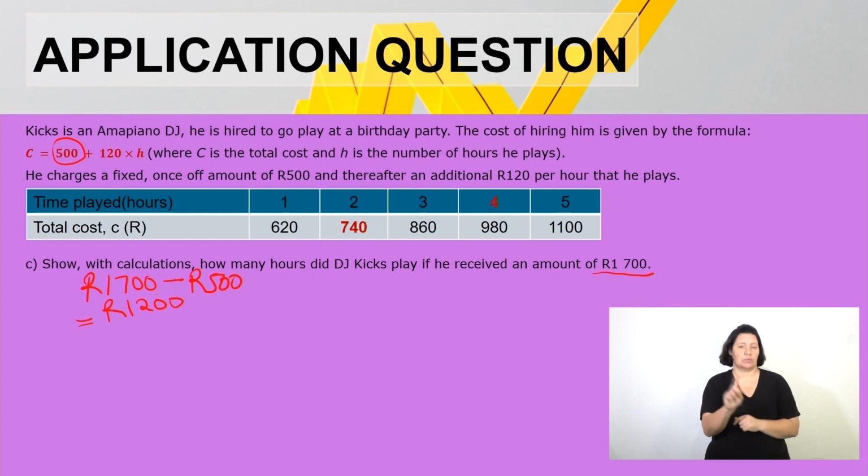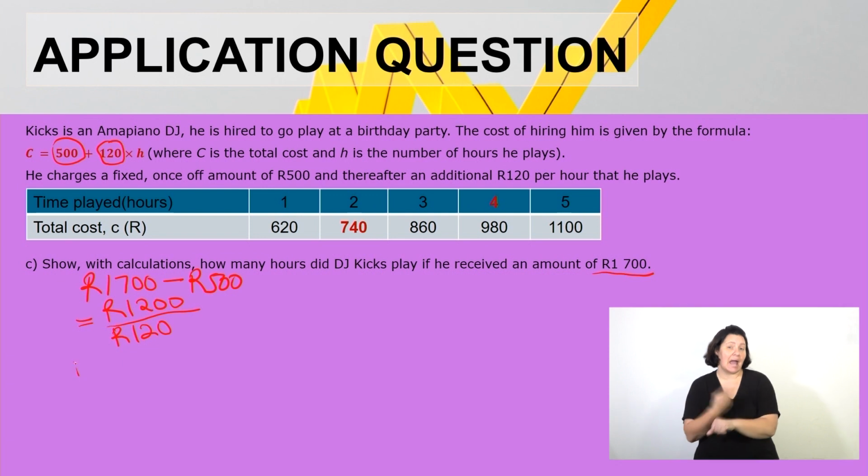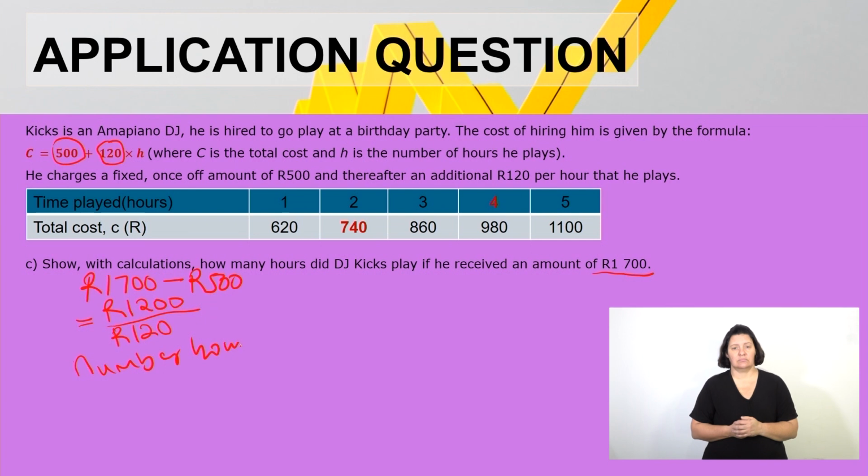So we know this variable amount represents the number of hours. We know per hour he charges 120. So we're going to take the 1,200 and divide it by 120 to get the number of hours. We then say 1,200 divided by 120. We can tell that he played for 10 hours. I'm sure this one was nice for you.